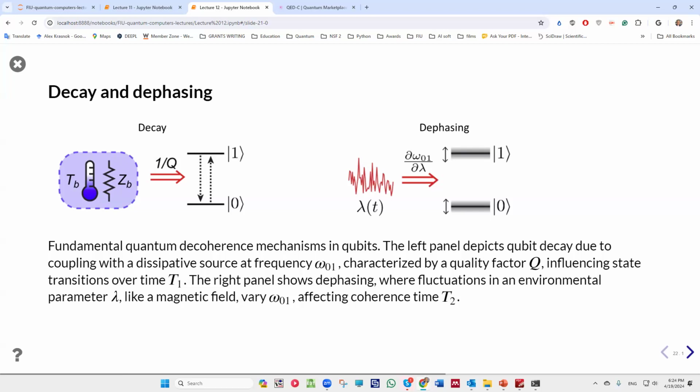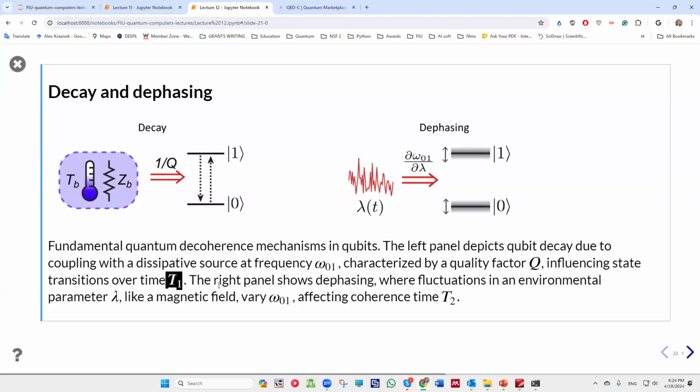This is what we call decay. The qubit simply loses energy, through radiation or through dissipation and so on. This process is characterized by the transition time T1. If you recall, we went to IBM Quantum and they specify T1, T2. So this is exactly T1 from there.